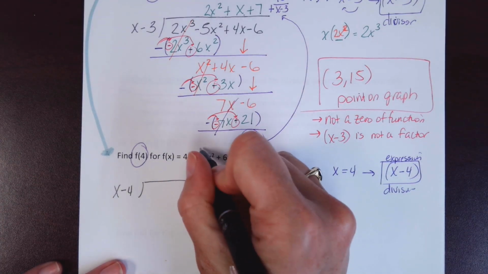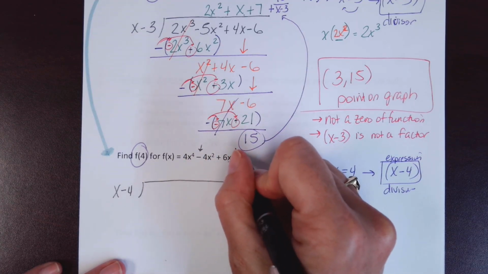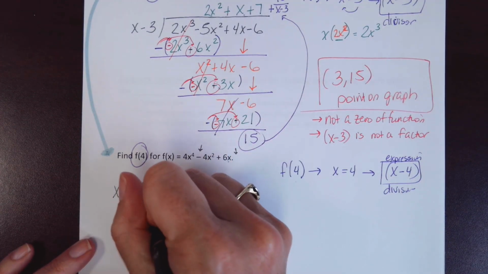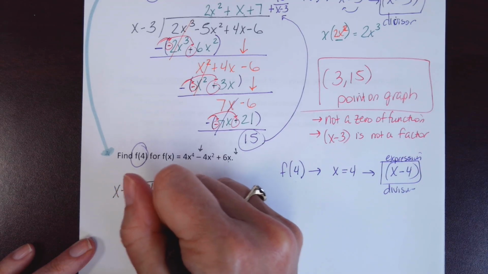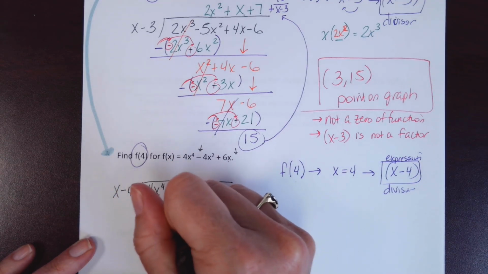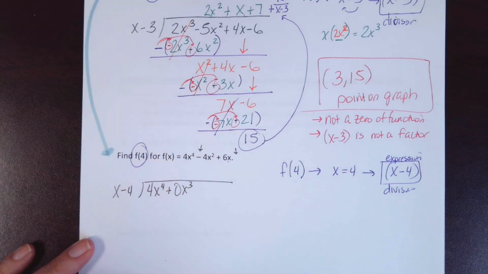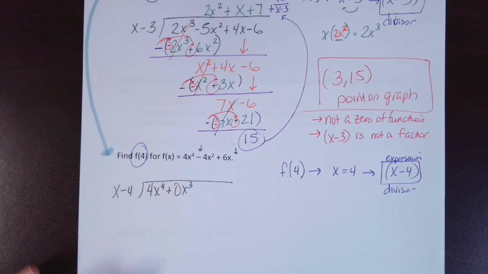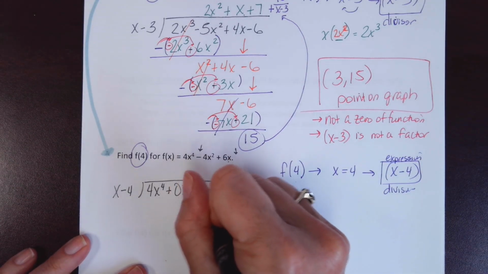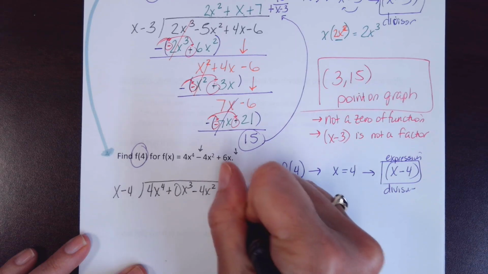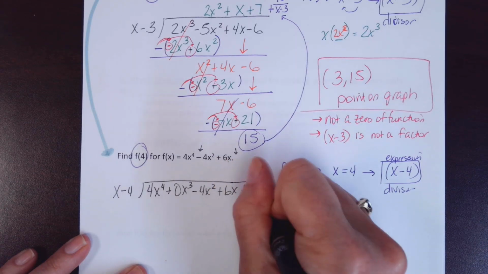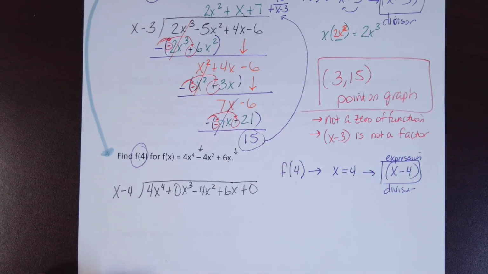So we need a placeholder here, and we need a placeholder there. So when I write my dividend out, I've got 4x to the 4th plus a 0 placeholder for my cubed column, minus 4x squared plus 6x, and then plus a 0 for my constant column. So I stuck in my 0 placeholders.